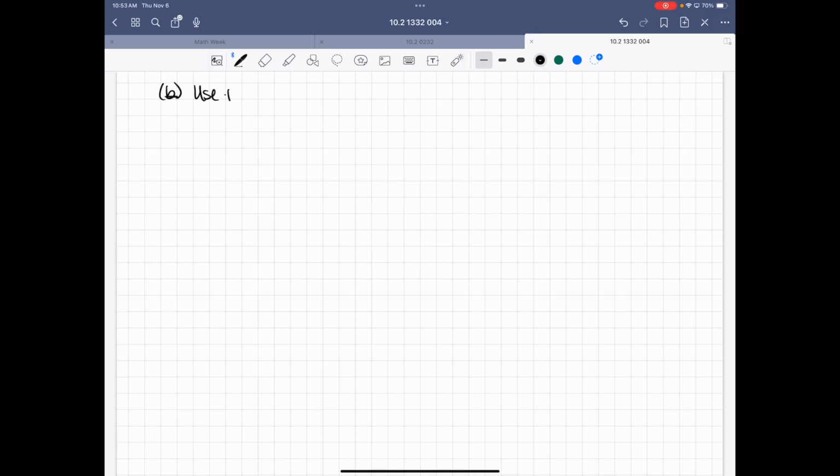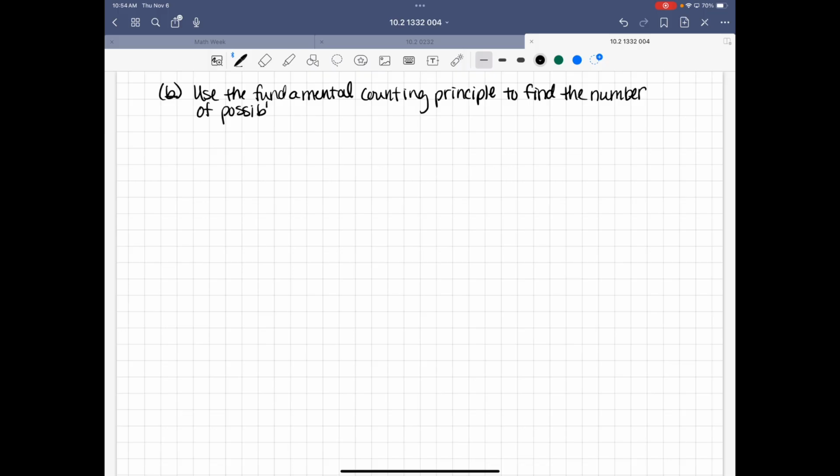B says use the fundamental counting principle to find the number of possible orders and make sure it matches the answer to part A. Okay? Okay, so this is back here.